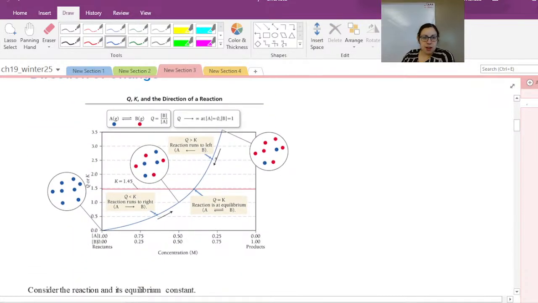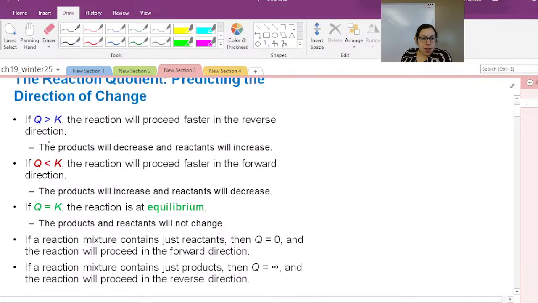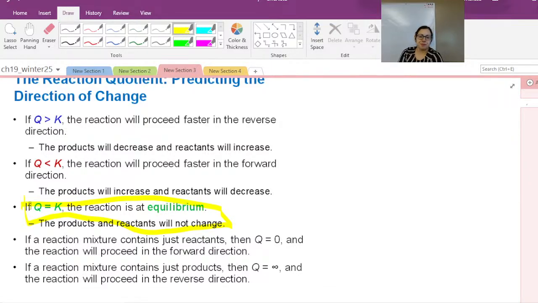Visually, we're over here. If Q is less than K, then it needs to go in the forward direction, so our reaction is faster in the forward direction and our products will be increasing. And if we find that Q is equal to K, then we're at equilibrium.